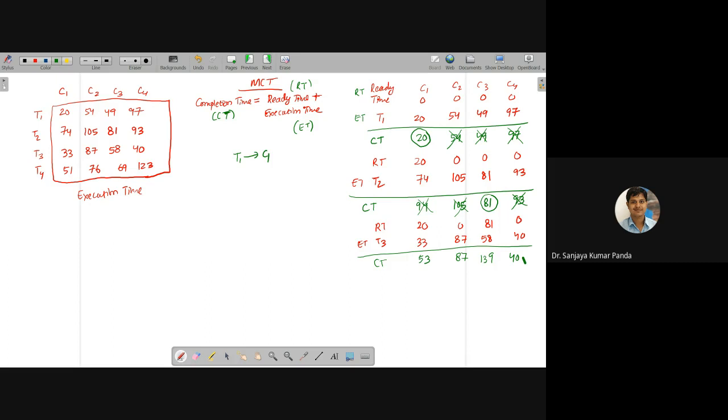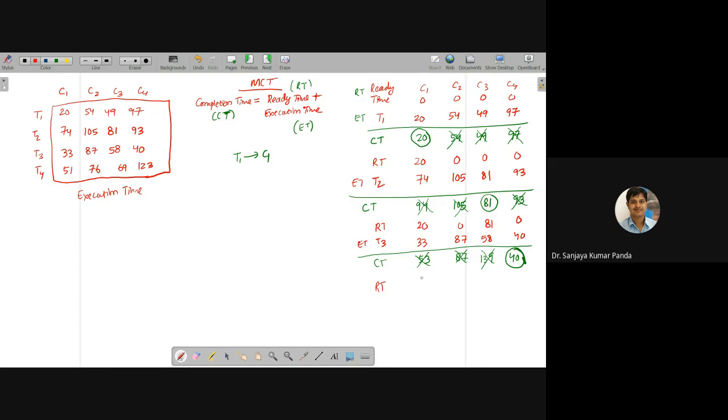Out of these completion times, you can see the best completion time is 40, right? So we have cancelled these other mappings, because we have not mapped to C1, C2, C3. That's why we have cancelled them out. Then you can determine the ready time again.